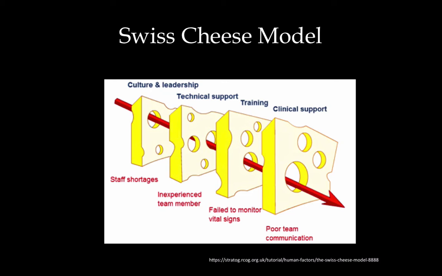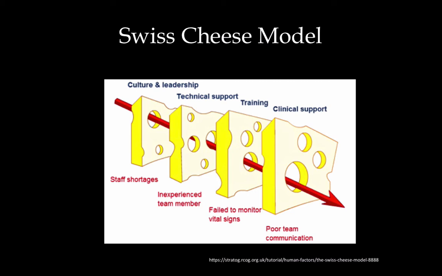But what if the error in prescribing never gets caught? That means all the holes will have lined up, all the defects in each of these layers of the system will have lined up, and the wrong medication reaches the patient. So one way to understand this is that different layers of the system have different defects in them, which is the holes, and the larger the holes, and the more the number of holes, the more the scope for error.